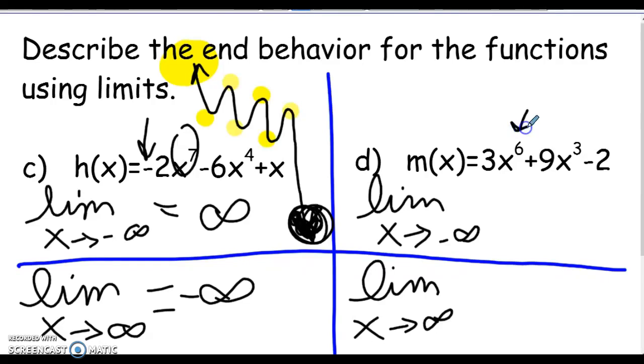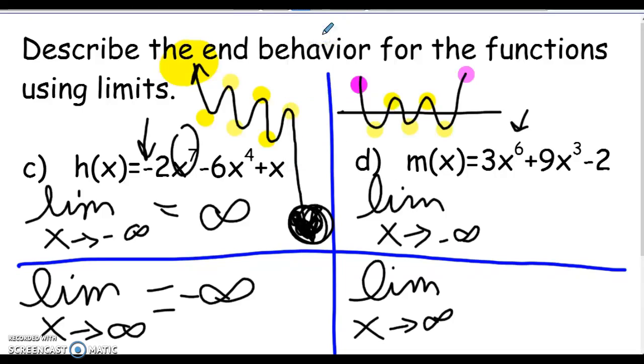This one, I've got a 6th power, so it's probably got about 6 zeros, 1, 2, 3, 4, 5, 6. It's got, just bonus, 1, 2, 3, 4, 5 extrema. And then I know, did it have a negative out front? Nope. Okay, good. So end behaviors are the same. They're both going up.